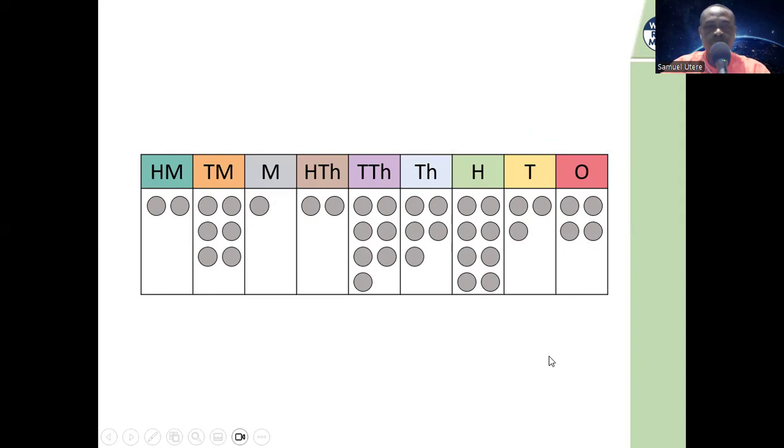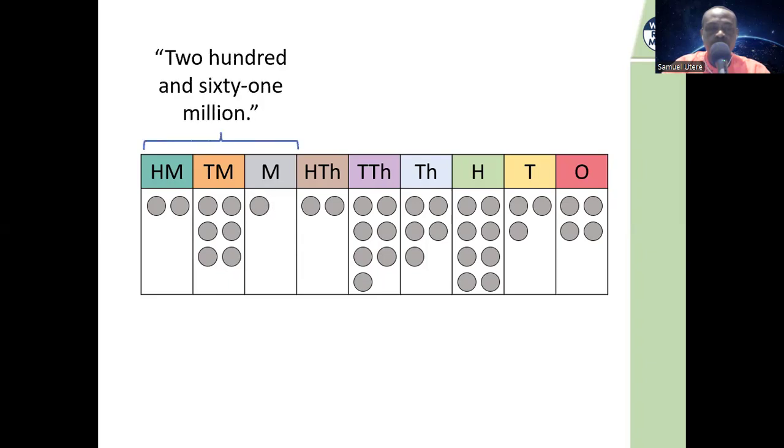What about this one? How would we read this? We have 2 counters in the 100 millions, 6 counters in the 10 millions, 1 counter in the millions, 2 counters in the 100,000s. But if we focus on the millions first, we actually have 261 million.